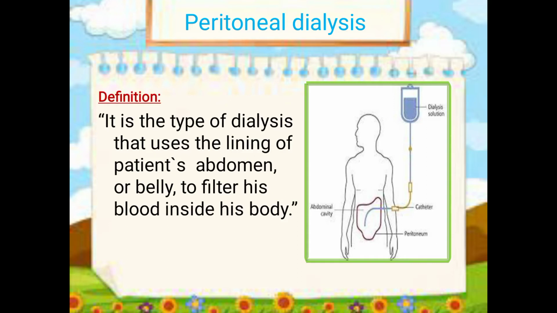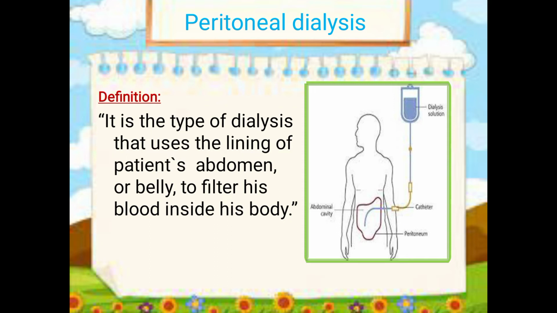Now going to discuss peritoneal dialysis in detail. Before discussing peritoneal dialysis, we must know what is meant by peritoneal cavity. What is peritoneal cavity? Peritoneal cavity is the space around your gut. And what is gut?